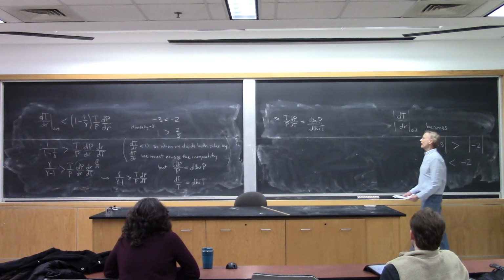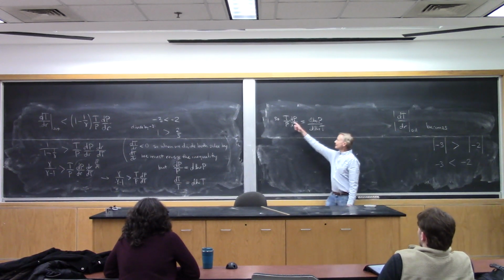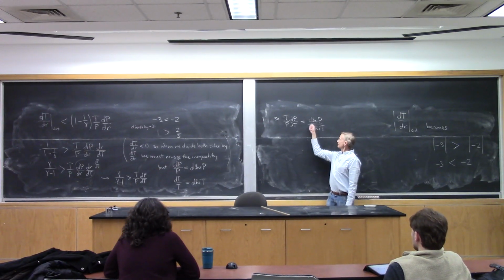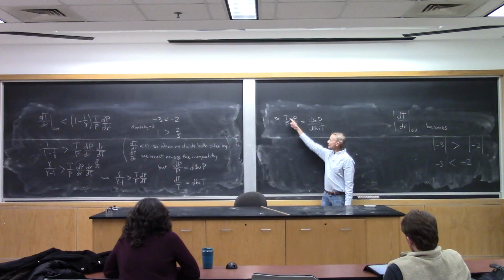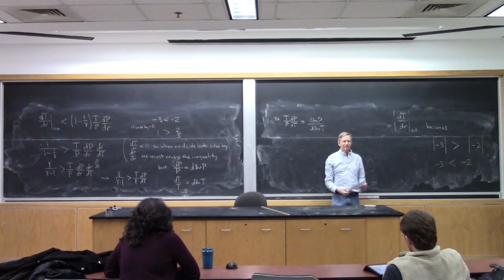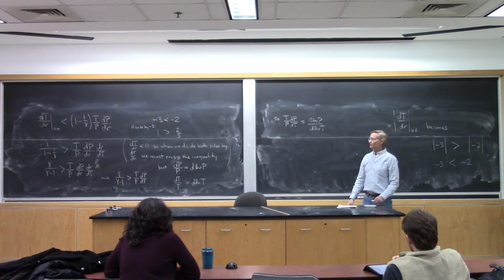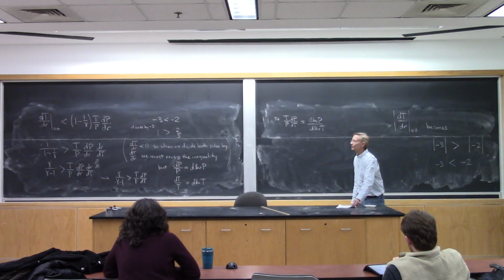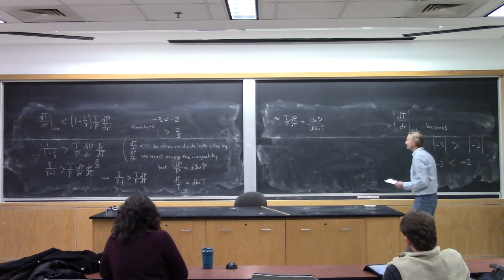Don't be scared by it, because it's really just t over p dp dt, which does not look scary. Astronomers love to just say d log t instead, and so we'll do that. But it's just another way to say t over p dp dt.